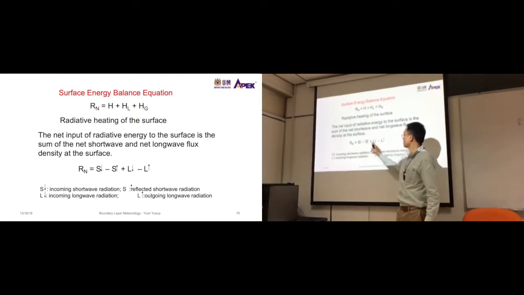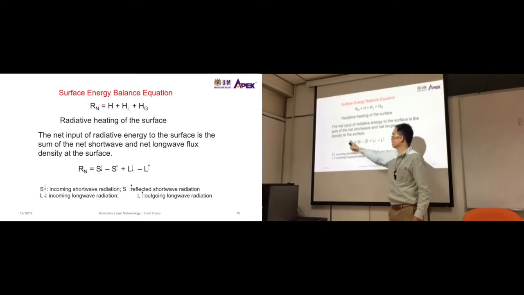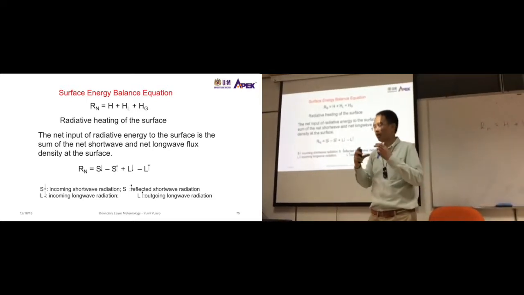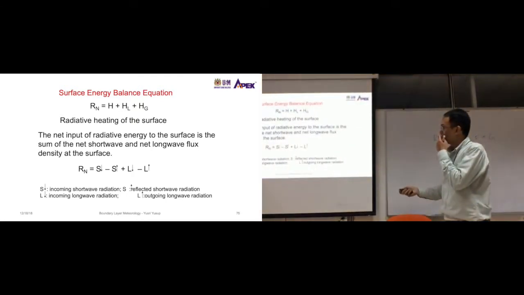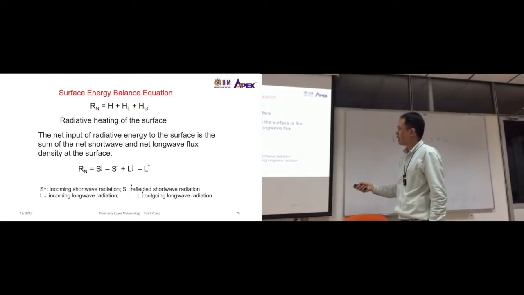So this net plus or minus this net, you get the net radiation, the total radiation or energy. Just to be formal here, it says S downwards, incoming shortwave radiation. S upwards is reflected shortwave radiation. Then L downwards, incoming longwave radiation. L upwards, outgoing longwave radiation.